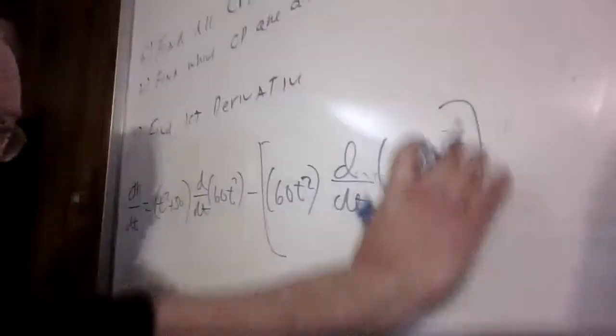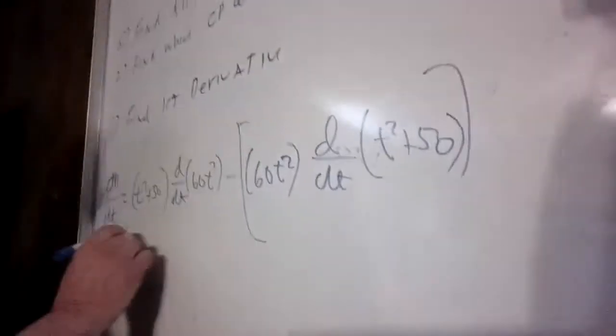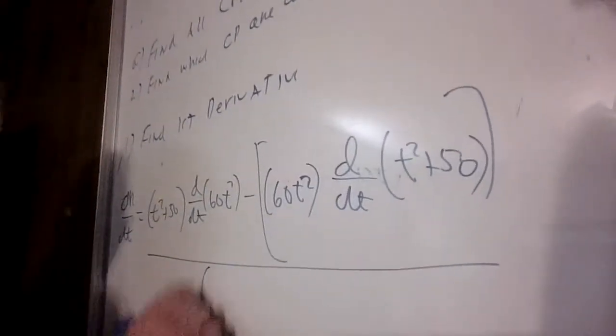And don't forget, t squared plus 50, and you've got to divide by the bottom squared.